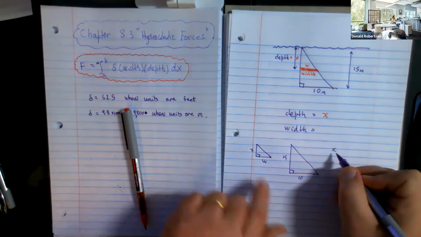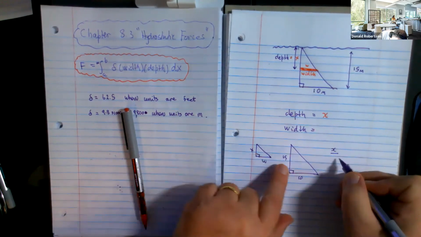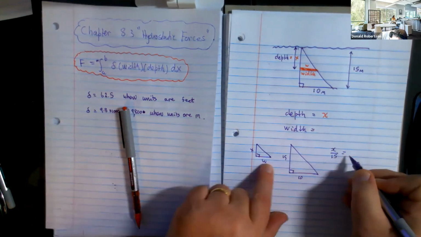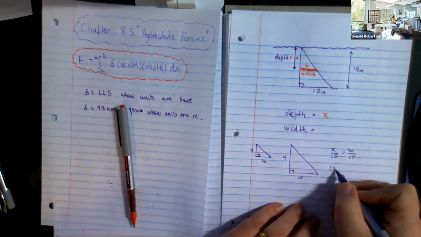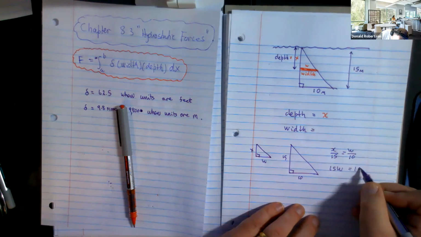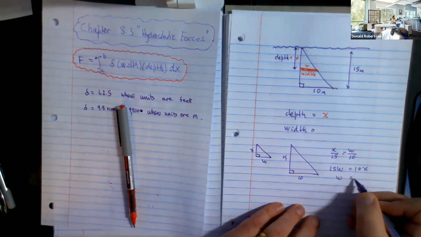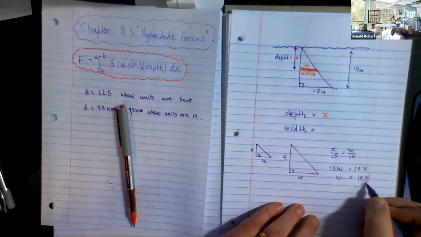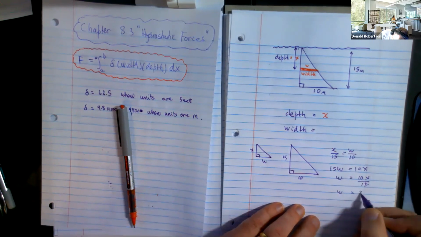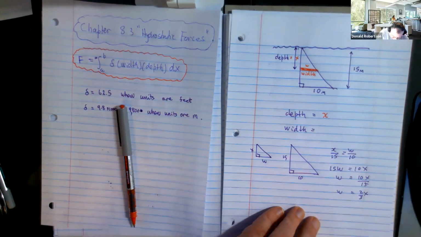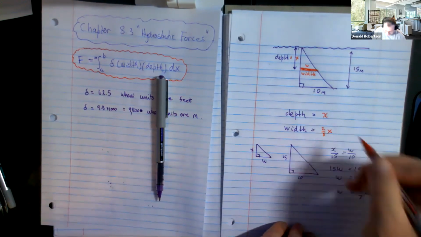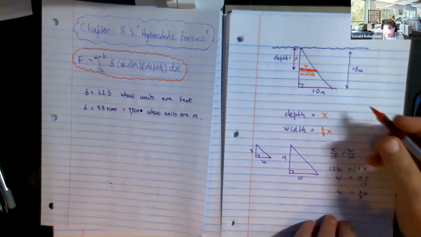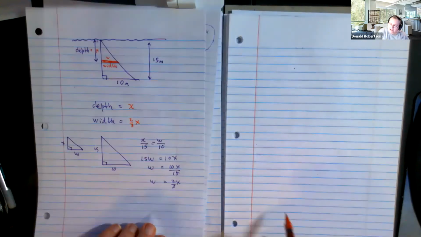And according to similar triangles, corresponding sides are in equal ratio. So 15W will be 10x, so W ends up being 2/3 x. The minute you know those two guys, you are ready.